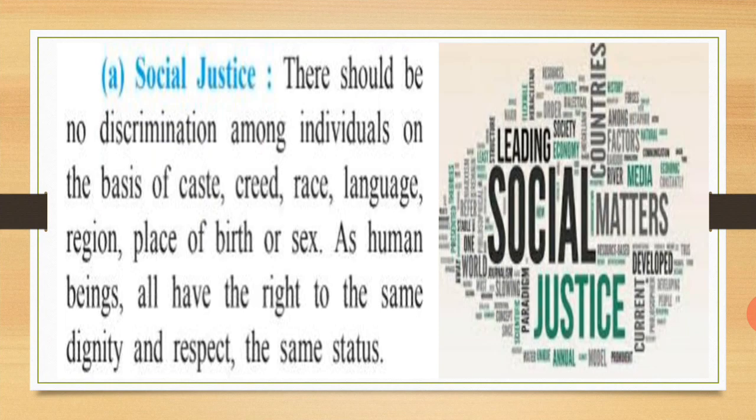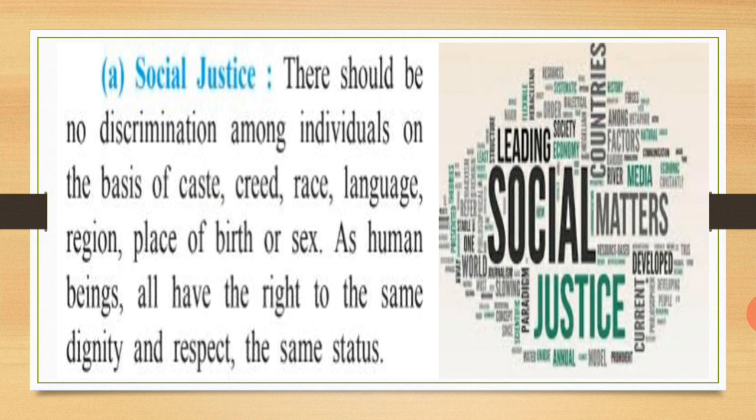There should be no discrimination among individuals on the basis of caste, creed, race, language, region, place of birth, or sex. As human beings, all have the right to the same dignity and respect, the same status. Means two people cannot be discriminated on the basis of their caste.